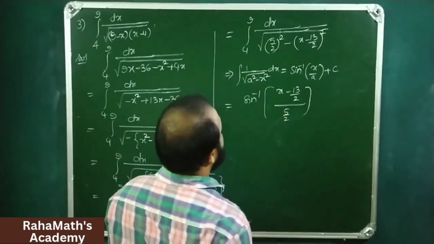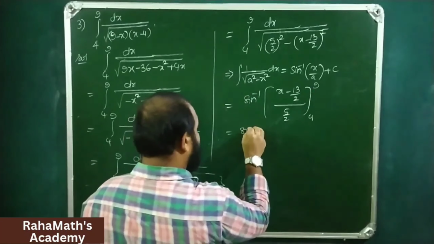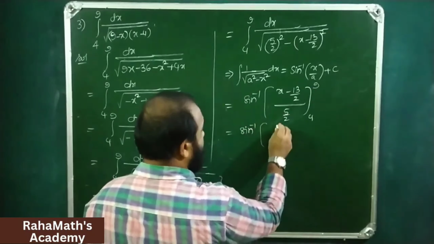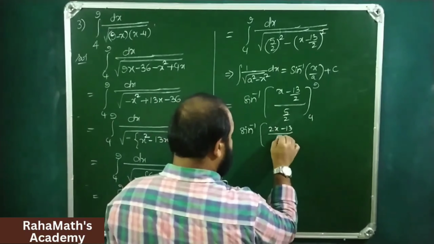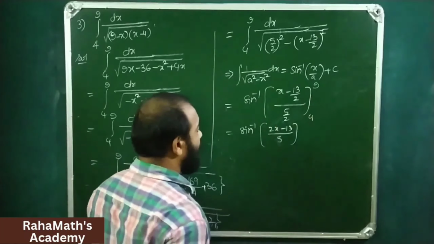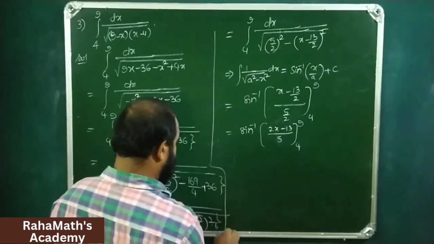Since the process of integration is over, 4 to 9 is to be written here. So sine inverse of 2x minus 13 by 2, 5 by 2. So by 5, 2 gets cancelled. So 4 to 9. Now you substitute the limits.